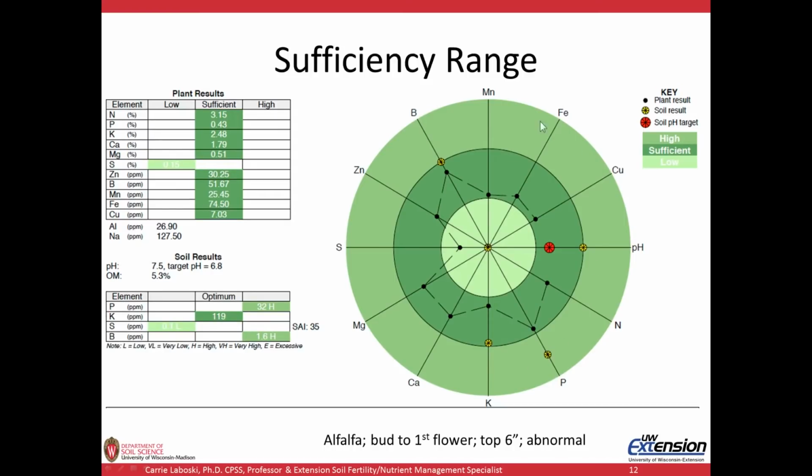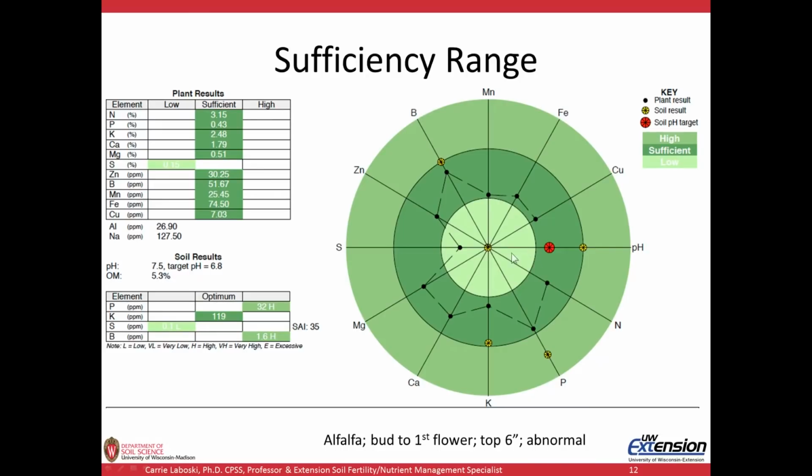And then we've got this bullseye chart over here that everybody seems to love, but all it is, it's just taking these results from the plant analysis and the soil analysis and putting it into this bullseye. So how you look at it, the black dots represent the nutrient concentration. So here's the nutrients as spokes, and you have your nutrient concentrations for the different nutrients, so they move in and out.